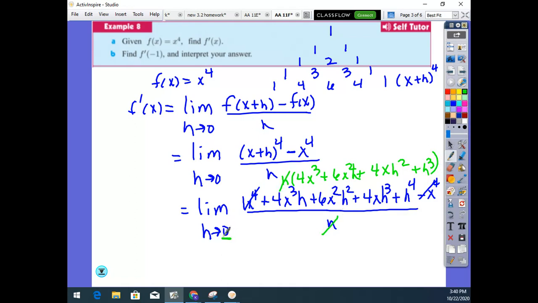I can plug 0 in for all my h's. And I'm only left with 4x to the 3rd. This tells me the derivative of f of x is 4x to the 3rd.